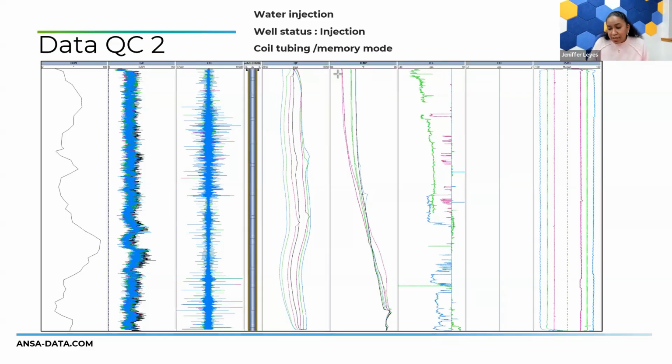Similarly, we look at our temperature curve, and we can see that the general profile repeats. However, if you look at the top of the log, you can see that the temperatures of the different passes are still increasing while the passes are being taken, up and down. So that's an indication as well, similar to what the pressure said, that the well probably is still stabilizing.